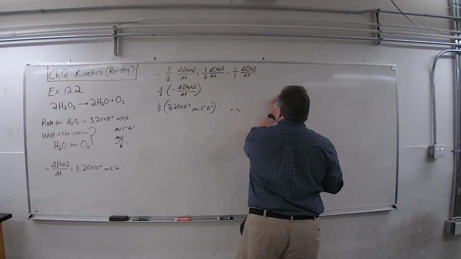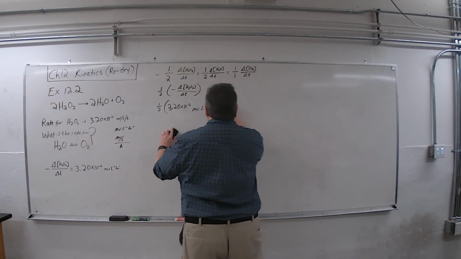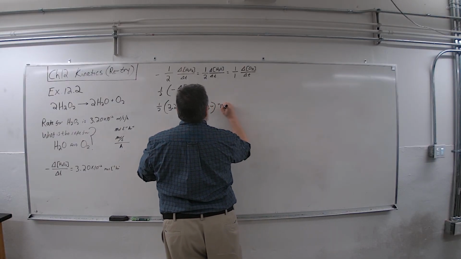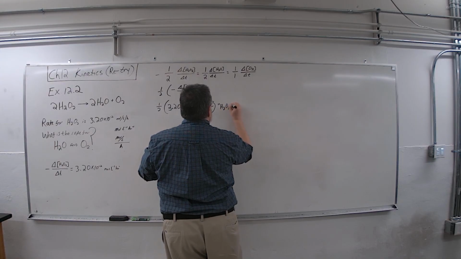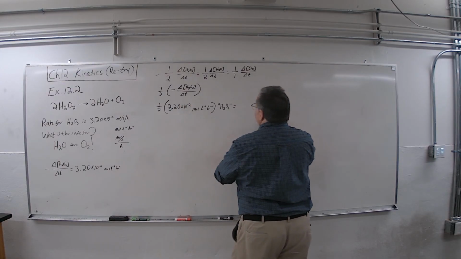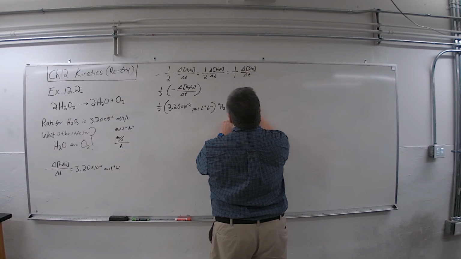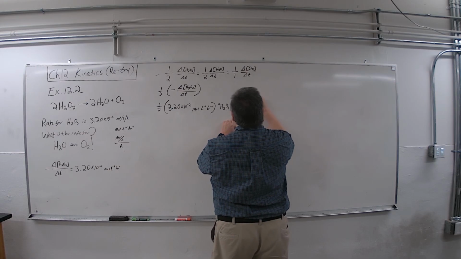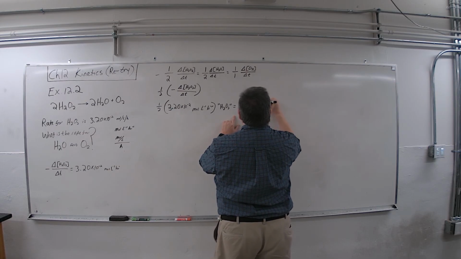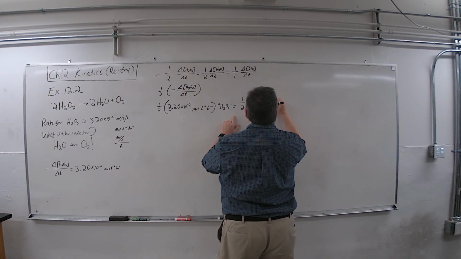Hold on, they left this off. They should have the label there. And over here I've got 1/2, some numerical value, mole per liter per hour, and now H2O.